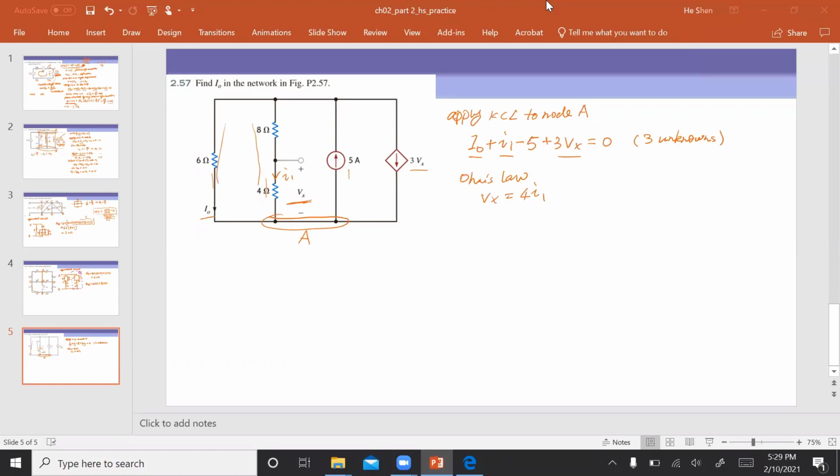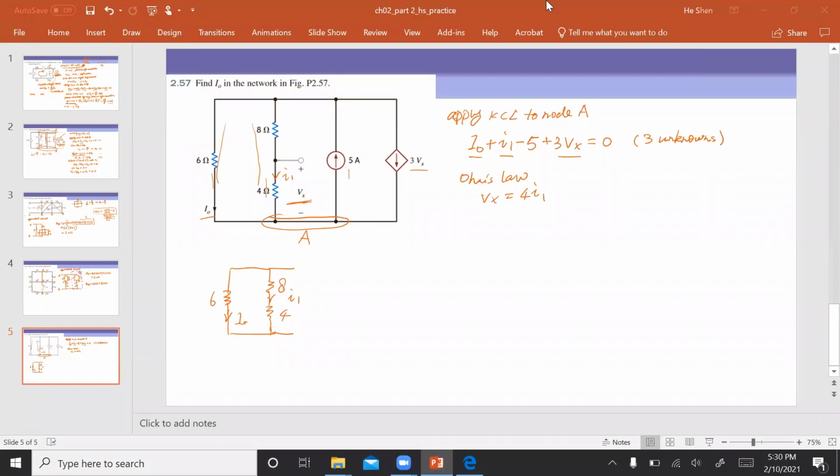If we look at these 2 branches, they are in parallel, right? One branch has a resistance of 6, and the other branch has resistors of 8 and 4. The current in this branch is I0. The current in this branch is I1, right?